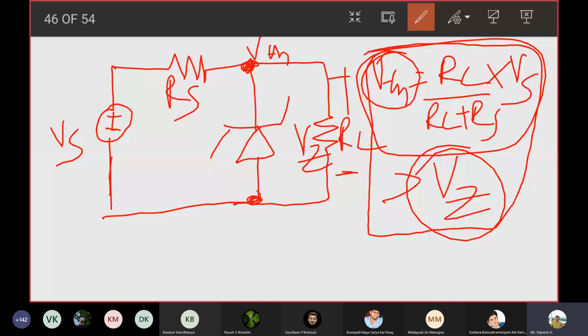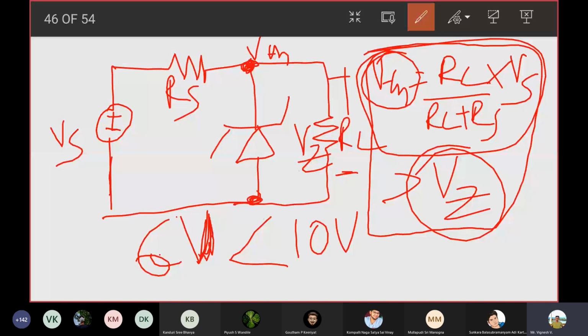Then 6 volts is less than 10 volts, so this Zener diode will not act as a voltage regulator. But if you get VTH to be greater than 10 volts, say 16 volts, then 16 volts is greater than the Zener voltage. So obviously the voltage across RL will be 10 volts.